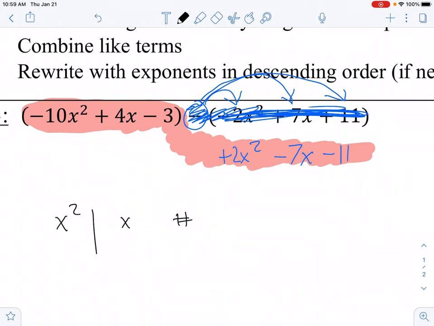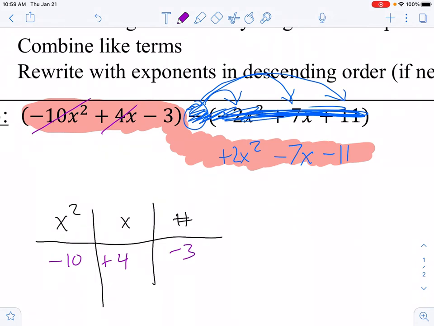So those are the three categories that I should have here. So I have a negative 10 x to the second. I have a positive 4x and a negative 3. I also have a positive 2x to the second, a negative 7x, and a negative 11.